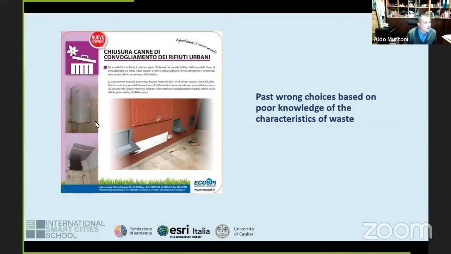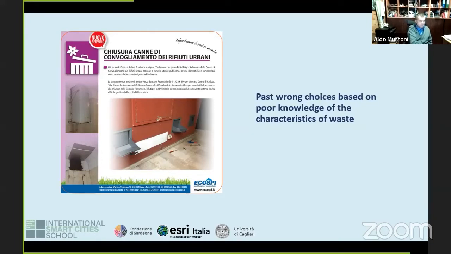And this system was imported from the United States, without considering that the quality of the waste that we produced at that time in Italy was completely different from the waste which was produced by the American people, because in the United States they have not a lot of food waste in the municipal solid waste, so the waste that they produce historically is very light, very dry.